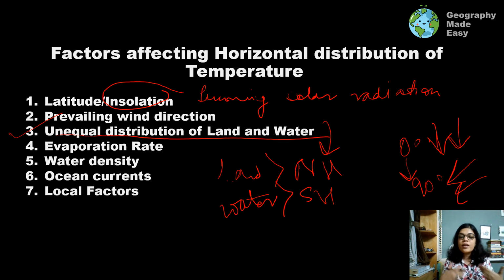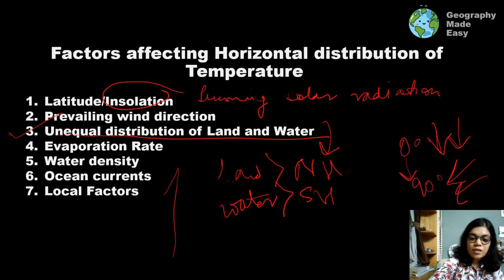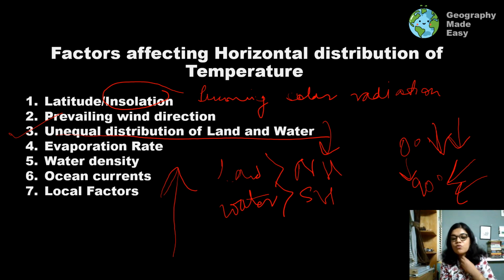So the more the evaporation, that will affect the temperature because it is either going to lower or increase the temperature. If the evaporation is high, as we see in the tropical regions, we see that the insolation received is also high and the evaporation rate is high, and in that case that affects the sea surface temperature.